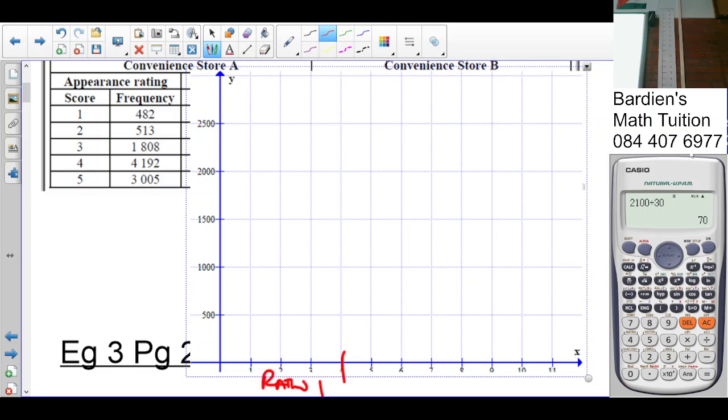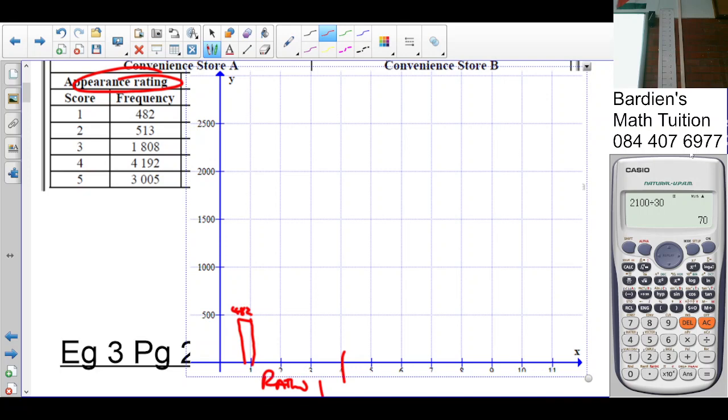What happens is we need to represent appearance for rating 1. So the score for rating 1 at convenience store A is 482. So you go here, 482 is just less than 500, not so? So you go here, 482, and there we go. Can you see that? Yes, sir.